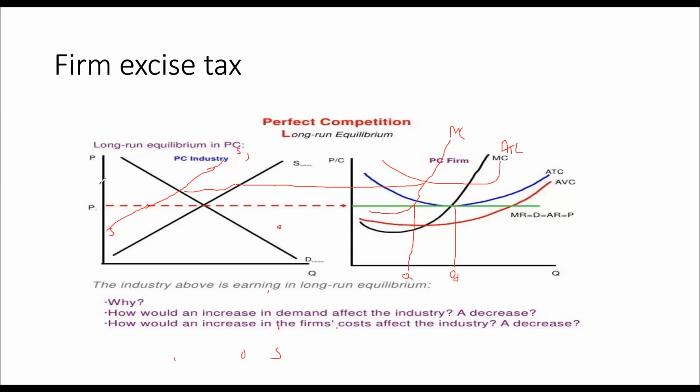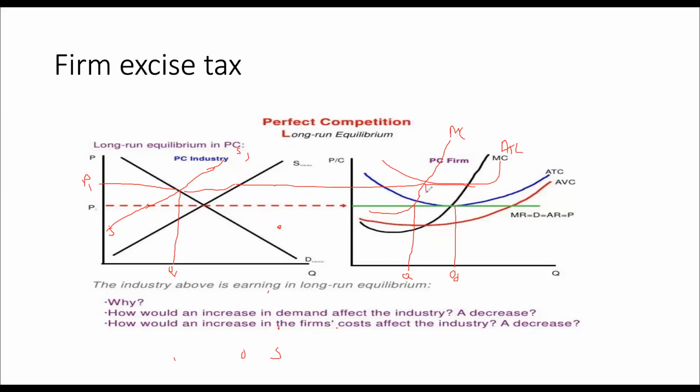All right. So I'm going to have a new price. The price in the industry went up. The quantity in the industry went down. All right. I'm going to take that over. The price in the firm went up. All right. And then it's going to hit this new MC curve.